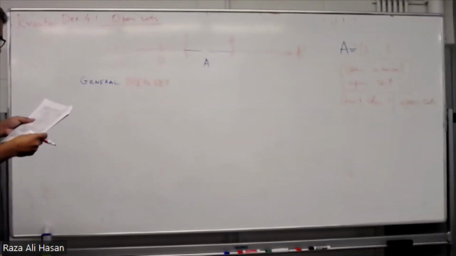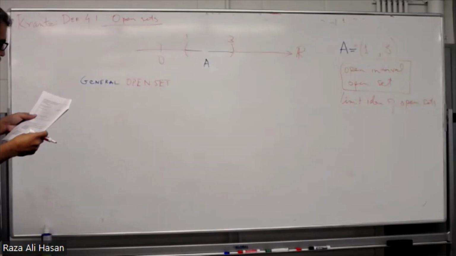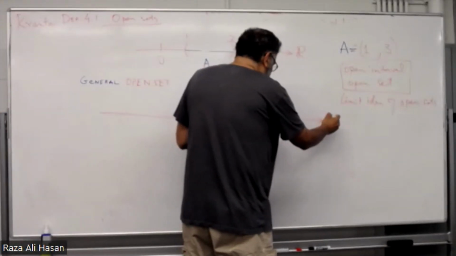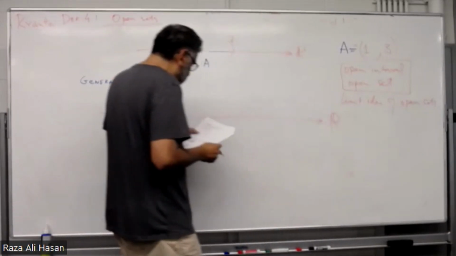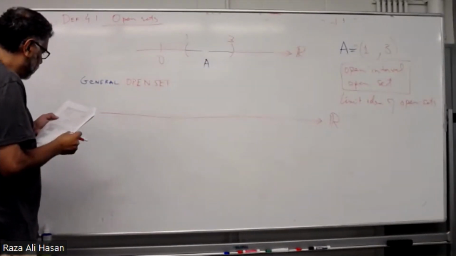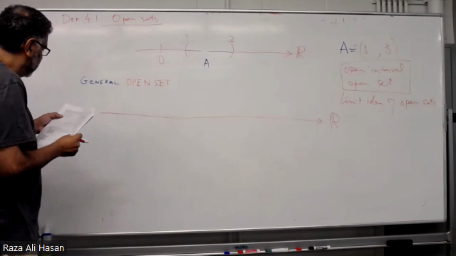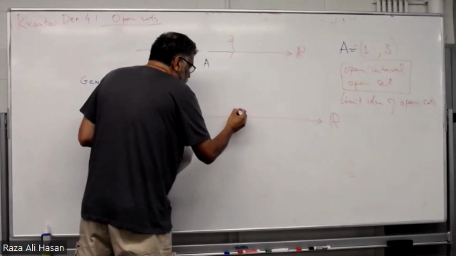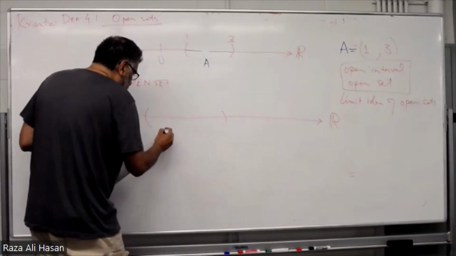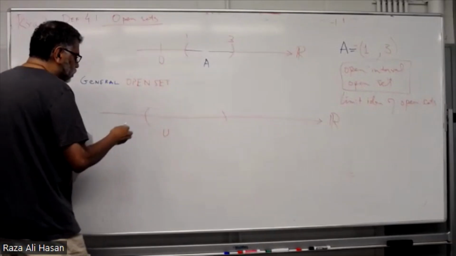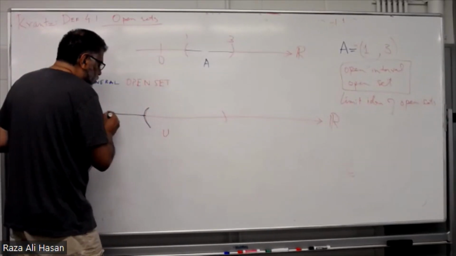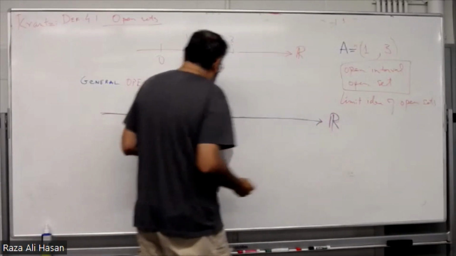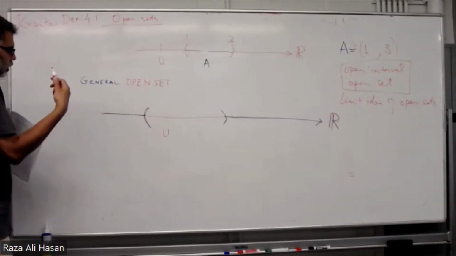All right. So here, let's draw our set U. Now let's make it this big. Here's our set U, and set U is called an open set.